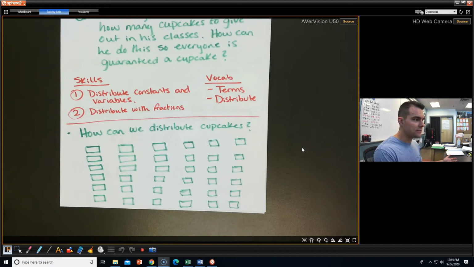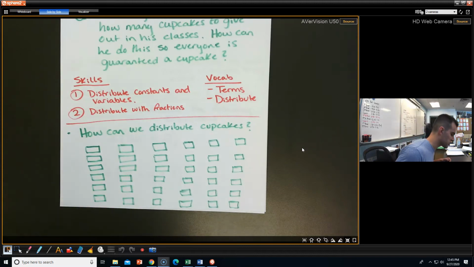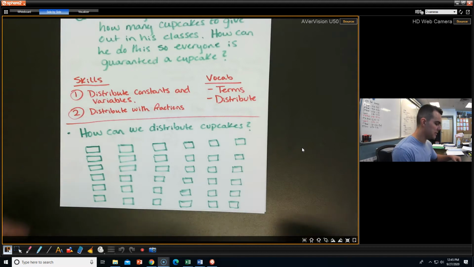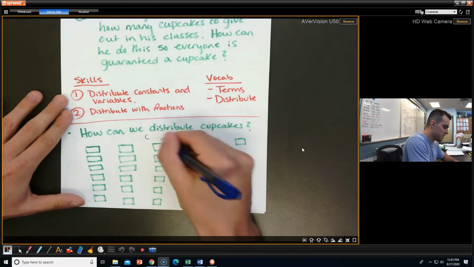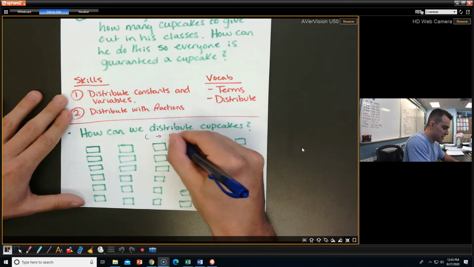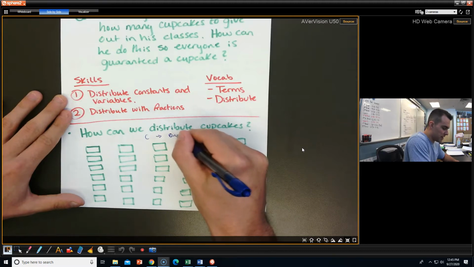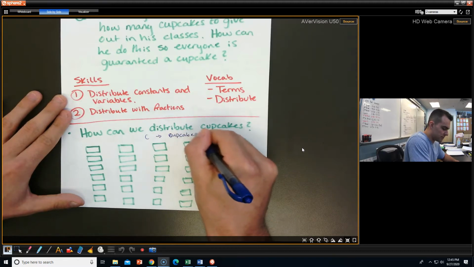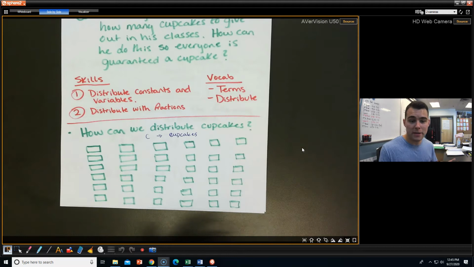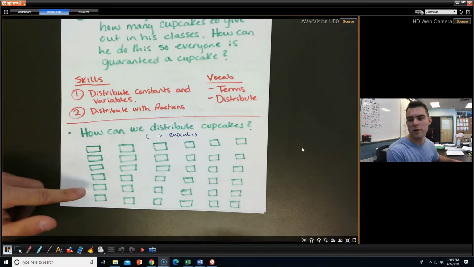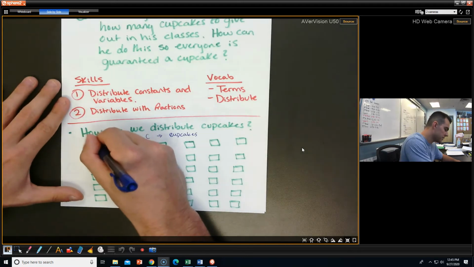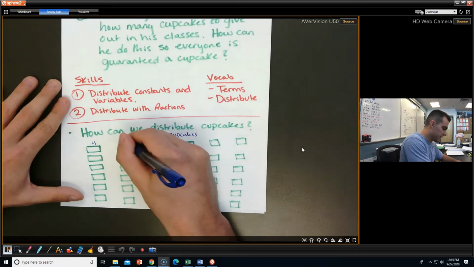Let's say I have a certain amount of cupcakes. Let's call it C. We'll just call these cupcakes for right now, and some days it might be different depending on the day. Let's say this row on this day has 4 kids, and this one has 3.